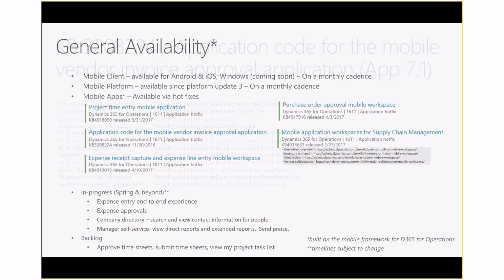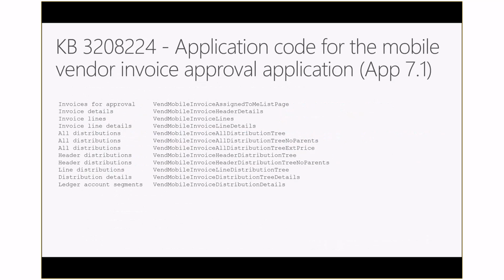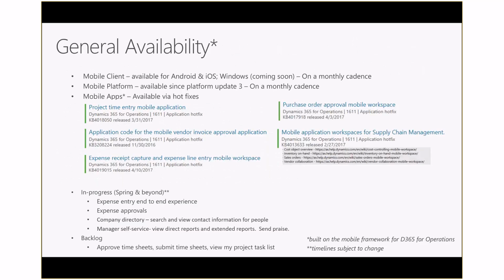Then the expense receipt capture and expense line entry mobile workspace is available as of yesterday. That is available now in LCS. And purchase order approval mobile workspace was also recently released. And then last but not the least, again, the mobile application workspaces for supply chain management.